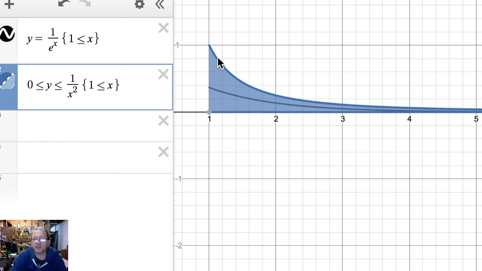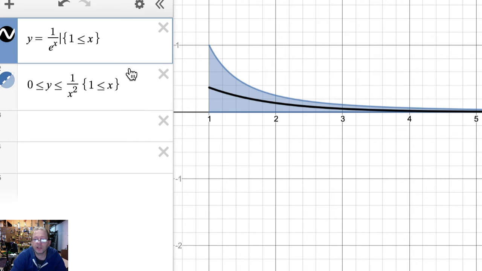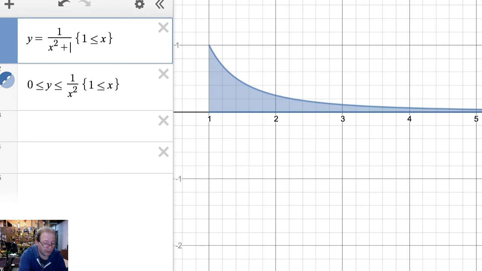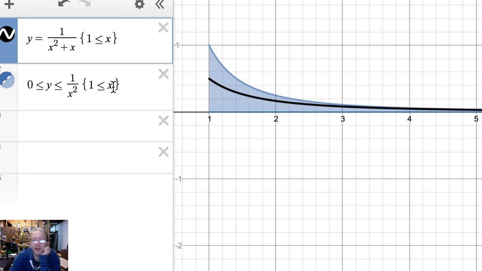I've got 1 over x squared graphed in blue and the area underneath it. If we change this to 1 over x squared plus x, we can see that the area under the black curve here is less than the area under the blue curve. So just by looking at that, we can tell that it's going to converge.